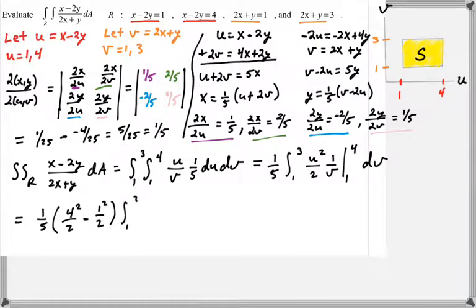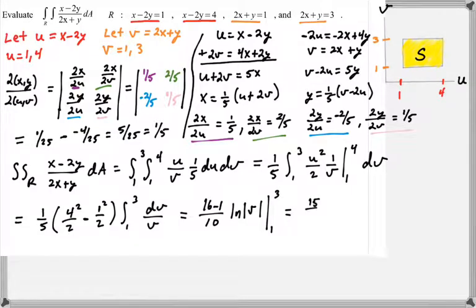And then what we have left is the integral from 1 to 3 of dv over v. All right, so now we have 16 minus 1 over 10. Natural log, not of x, that's the wrong variable. Should be v. Natural log absolute value of v, and we're going to evaluate that from 1 to 3.